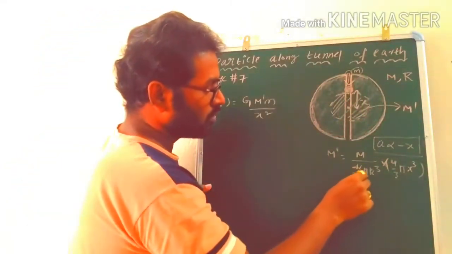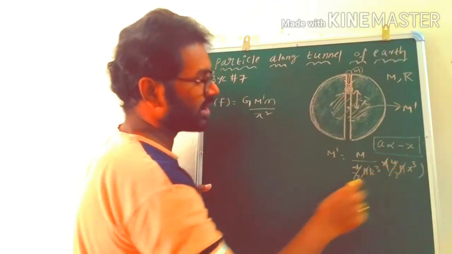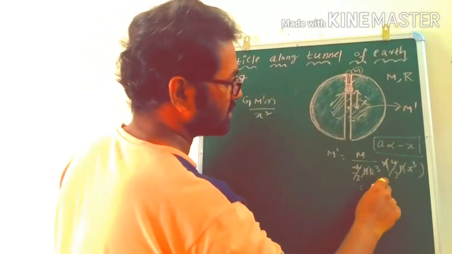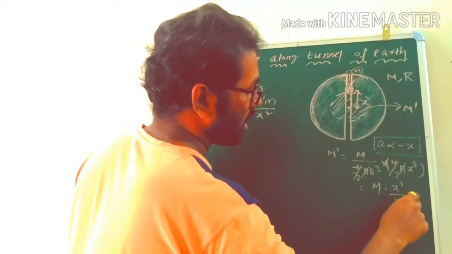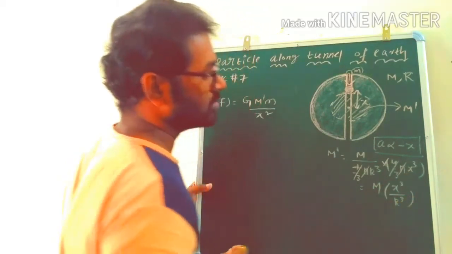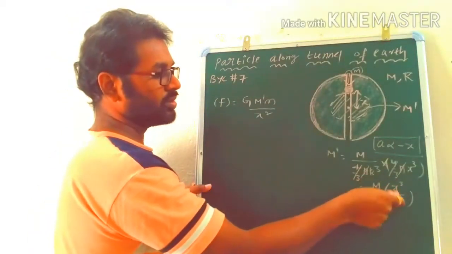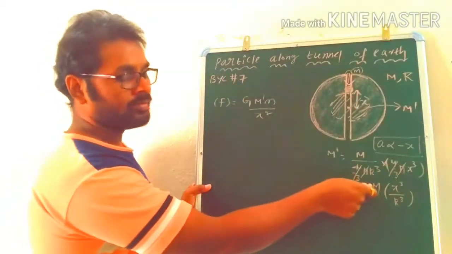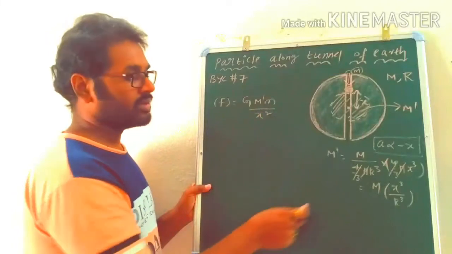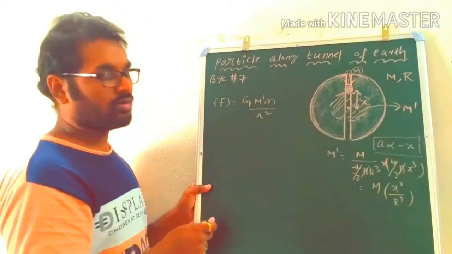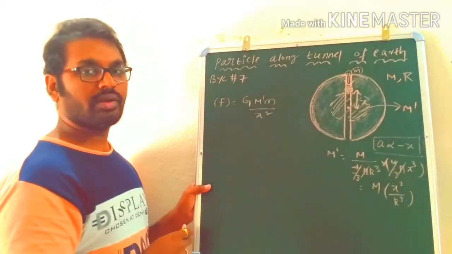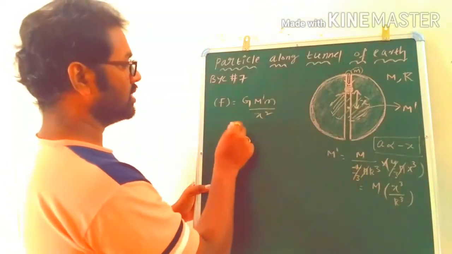And here 4 by 3 pi and 4 by 3 pi get cancelled. Finally you will get M into x cube divided by R cube, where M is the entire mass of the Earth, x is the position of the particle from the center of the Earth, and R is the radius of the Earth. Now you can replace here.